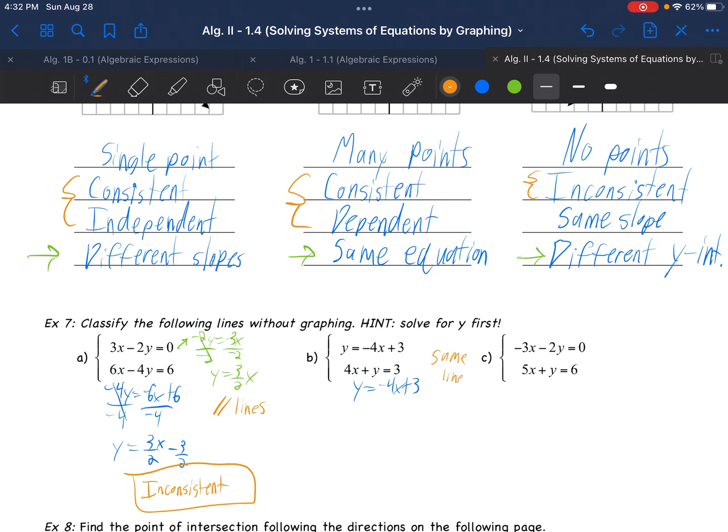So it's the same line right here, which tells us right here from the same equation, it's the IMS, the overlapping line. So the classification is it's consistent and dependent.